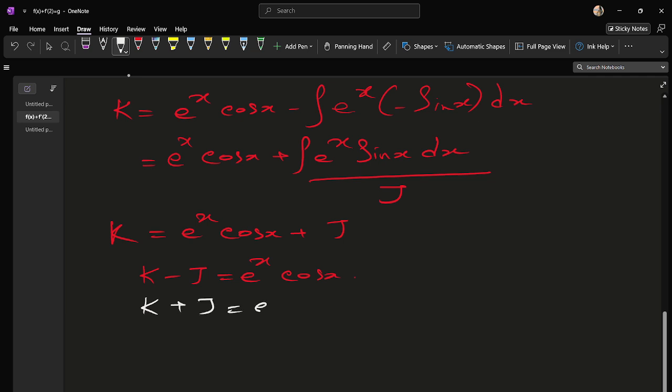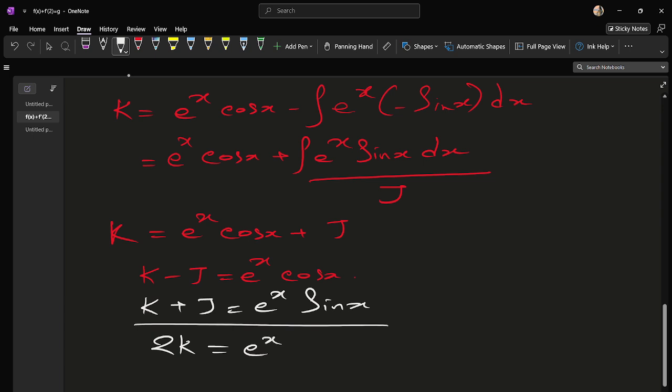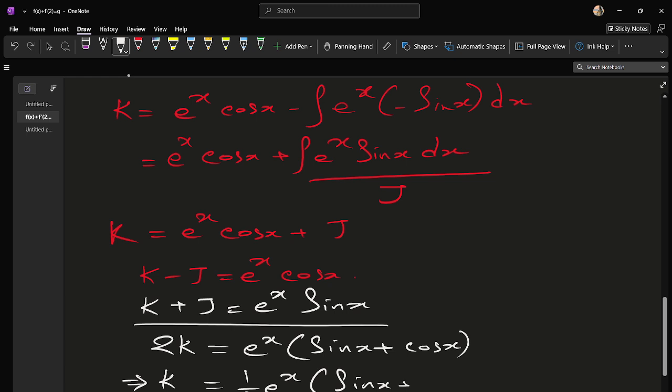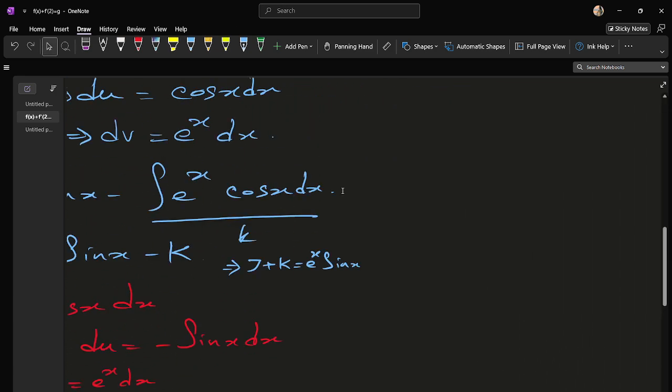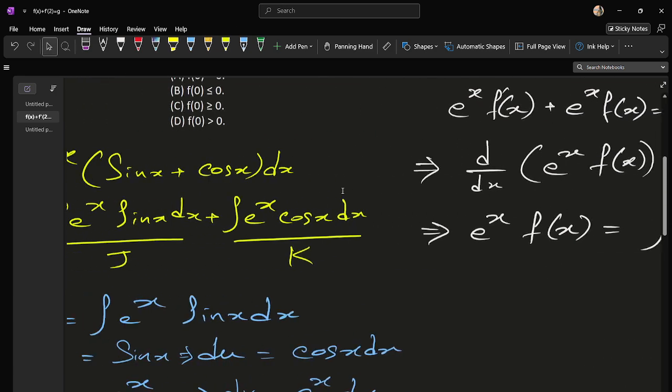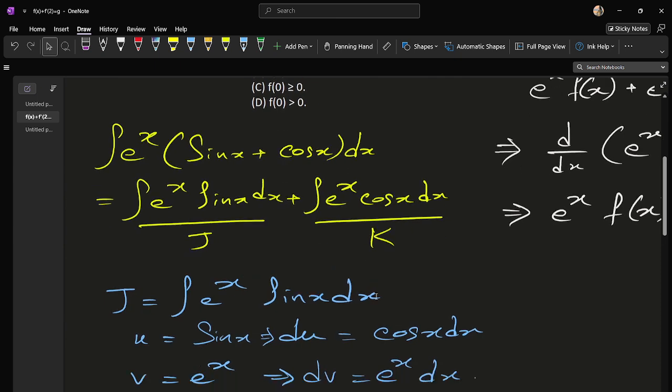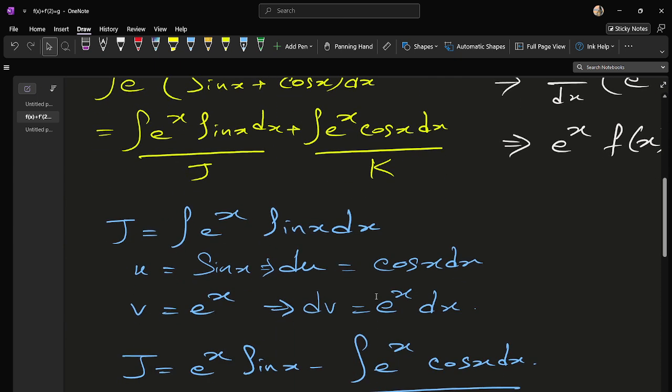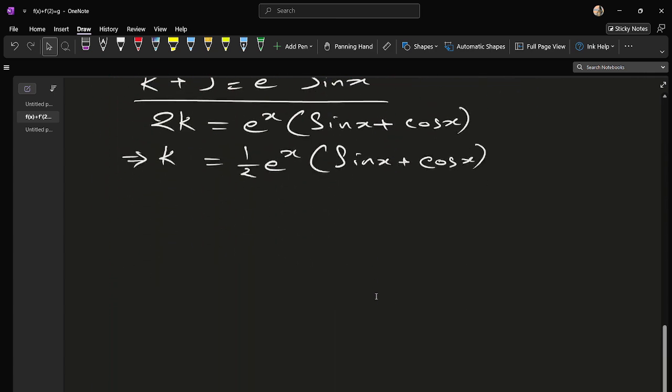After adding these things, what we will get? That is 2k equals e to the power x times (sin x plus cos x). So our k is equal to half e to the power x (sin x plus cos x). Now we have to check our integral. Our k is this, and we have to calculate j.